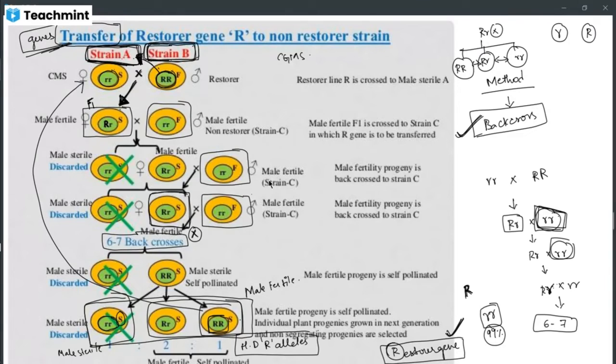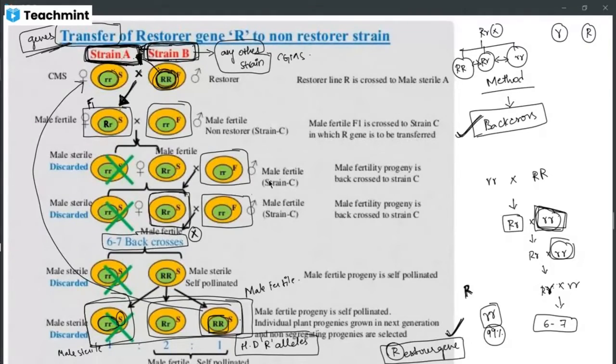We can transfer the restorer gene from strain B to strain A. But we can also transfer the restorer gene from strain B to any other strain. Sir, here the recurrent parent is strain A. No, I just told you strain A as an example. But you can also transfer it to any other strain.